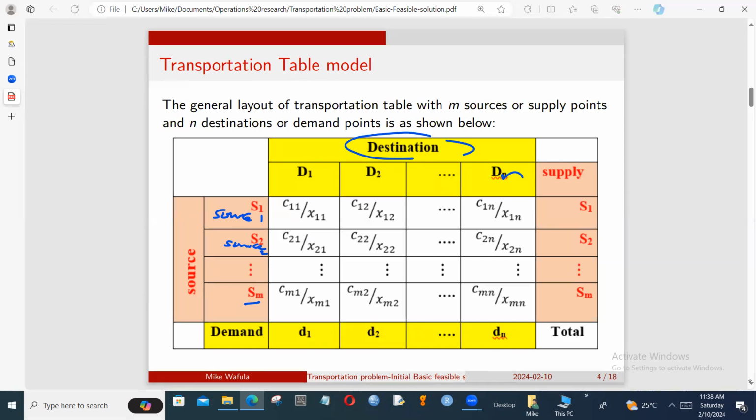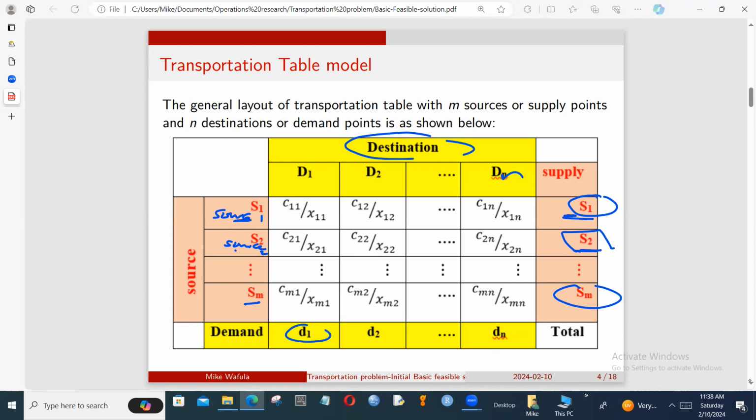When you look at the right-hand side, this is what source 1 is able to supply, the number of units that source 1 is able to supply, the number of units that source 2 is able to supply, and the number of units that source m is able to supply.